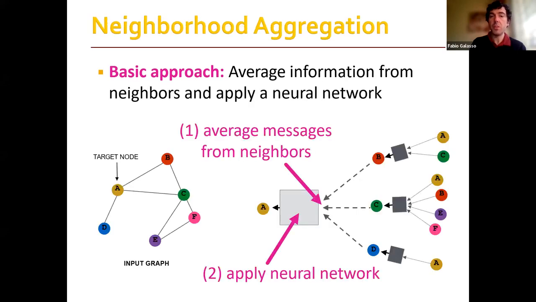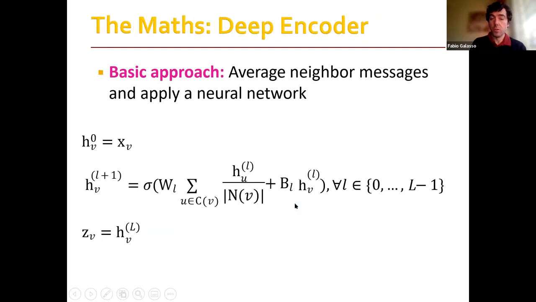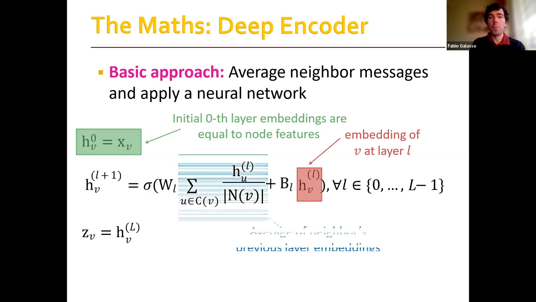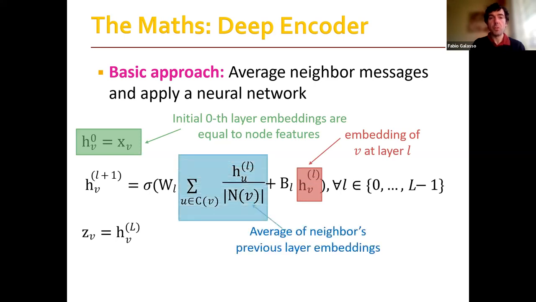So this is nothing but exactly this. So we average all messages, and then we apply a neural network. So we have an input, and then we propagate this layer-wise. Let me just skip some of the parts. So this is your averaging, and then the W is your neural network. And then there is a nonlinearity, because every neural network requires that you have a nonlinearity, otherwise you don't have layers. You just have something that can be written as a one layer.